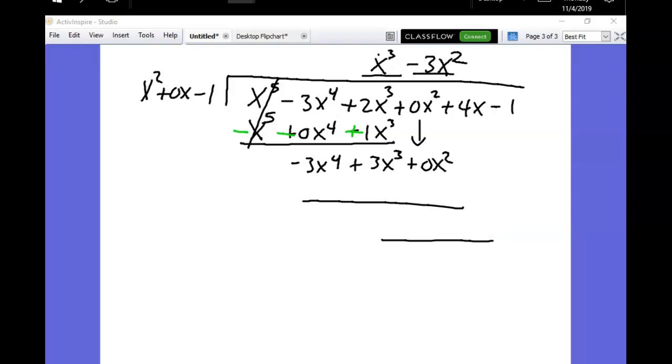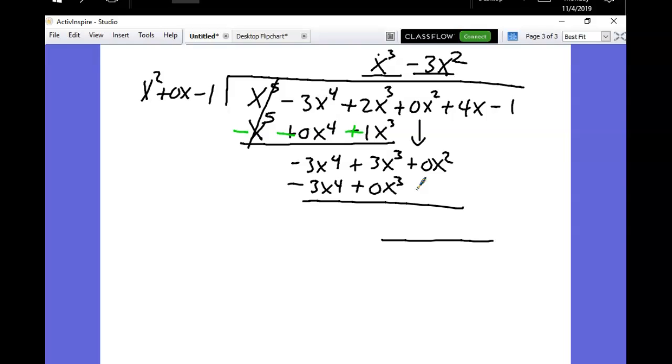All right, Hassan, what goes down here? Negative 3x. And then? Negative, no, positive 4x to the 3rd. Good. And then? Negative 1.